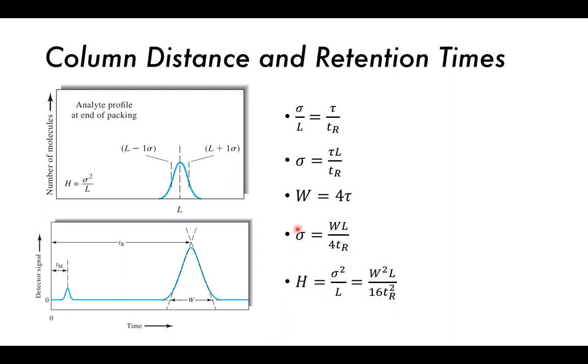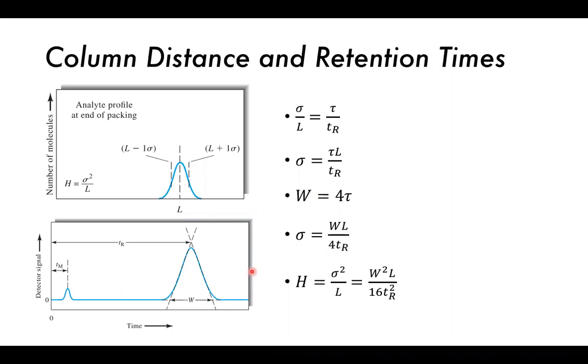So what we've really done here is we've gotten a term for sigma, which is in terms of the peak width at the bottom, so the peak width here, L then being the value for the length of the column, 4 coming from the W term here, and then TR being the retention time from here to here.